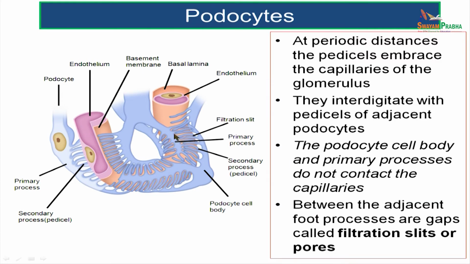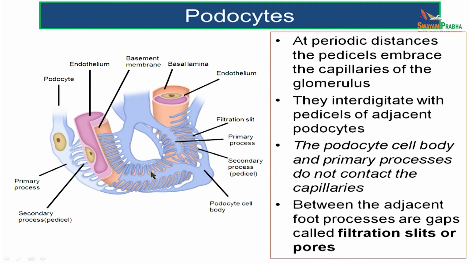At periodic distance, the pedicels are going to embrace the capillaries of the glomerulus. They are going to interdigitate with the pedicels of the adjacent podocyte. This is one podocyte, this is other podocyte, this is the pedicel of this podocyte and this is the pedicel of the adjacent podocyte.